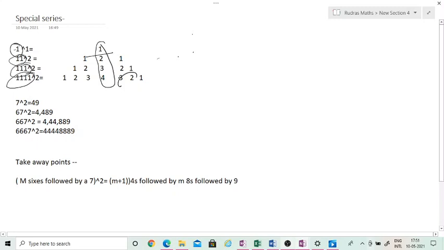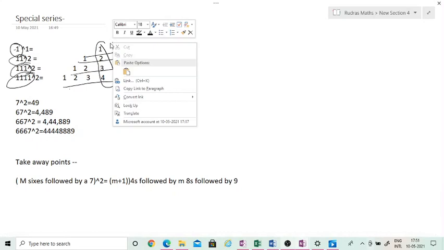1 square is equal to 1. If you ask me about 11 square, it's going to be 121. If you ask me about 111 square, it's 12321. 1111 square is 1234321. It is not possible for anyone to learn by heart all these values. So this series needs to be looked at and understood properly.